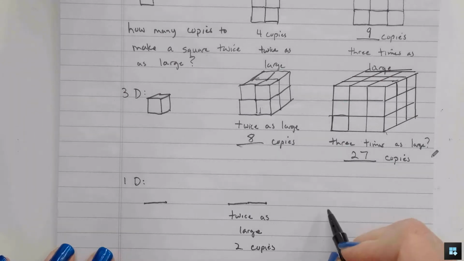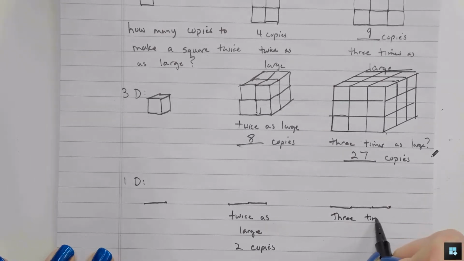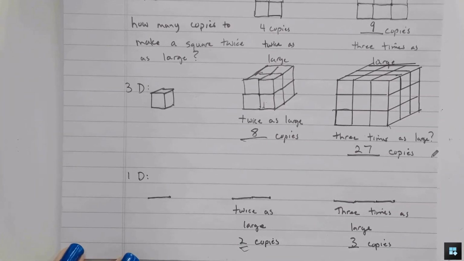And to make a copy 3 times as large, that just takes 3 copies. So there's definitely differences between the dimensions if we look at how many copies it takes to make something twice as big or 3 times as big. Let's go ahead and write that down in a table and see if that gives us some clarity if we put all the numbers together.